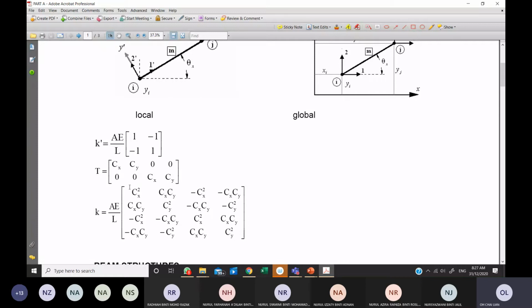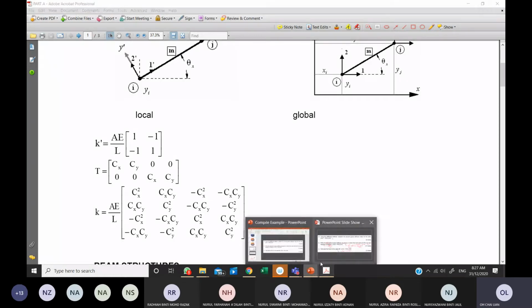So let us refer to this template. If you see this template, we are going to put in the A, E, L, CX, CY, CX squared, and CY squared. So we are going to determine the CX and CY first.